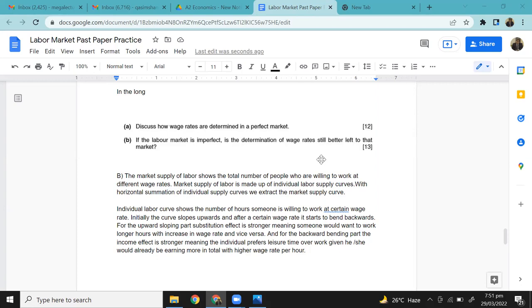Which means that the government doesn't take any role, and if it's an imperfect market for any reason, whether it's because of government intervention, trade unions, or monopoly, is the determination of wage rate still better left to that market? So basically it's trying to ask you what the outcome would be if it's an imperfect market, and who would be on the winning end and who would be on the losing end, and all those things.